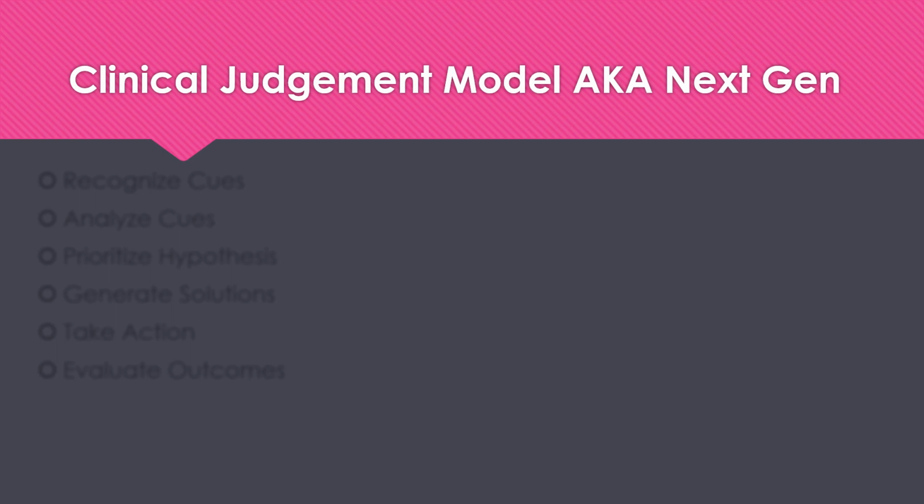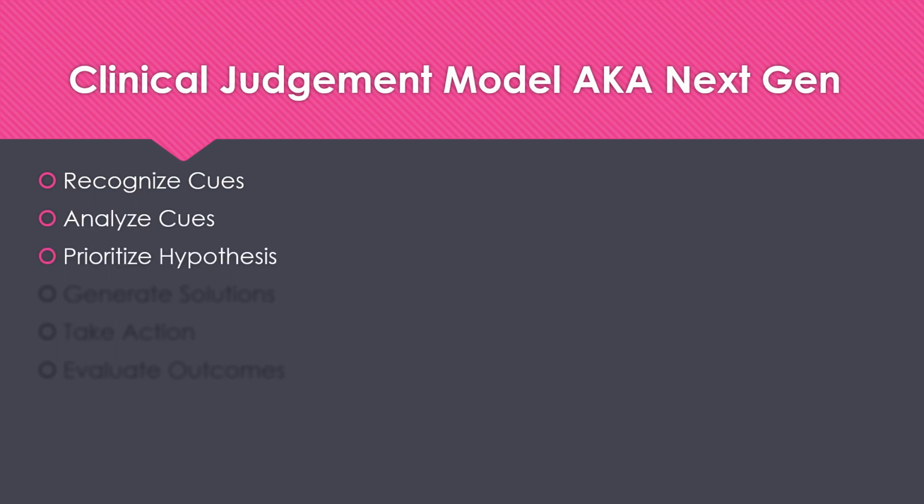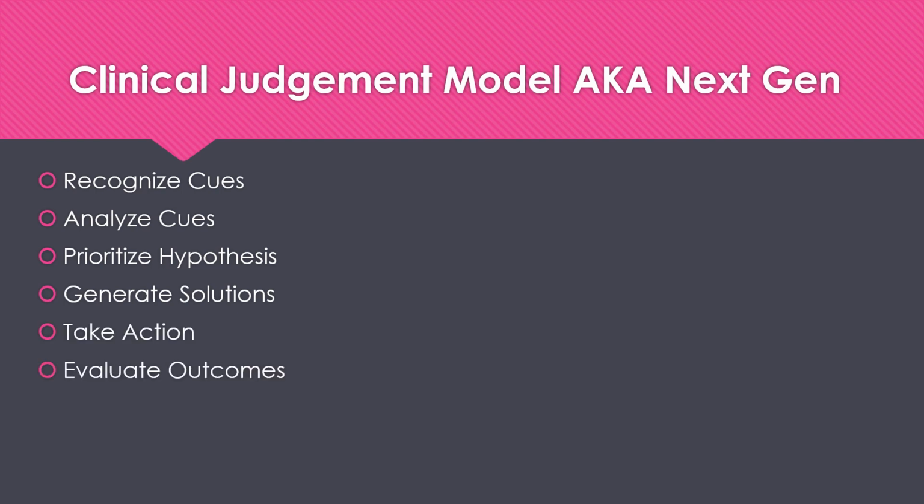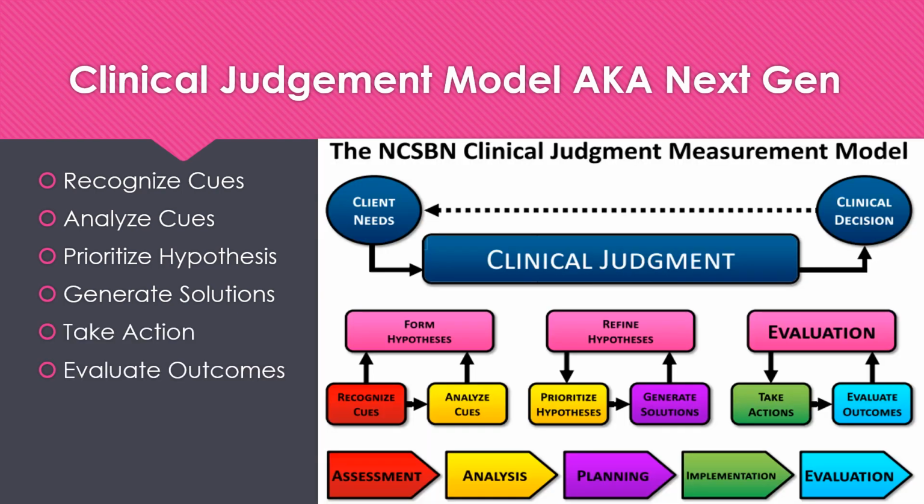Instead of ADPI or ADOPI or API, we have recognize cues, analyze cues, prioritize hypothesis, generate solutions, take action, and evaluate outcomes. So let's take a look at how the clinical judgment model fits in with API, because like I said, they took Tanner and API.